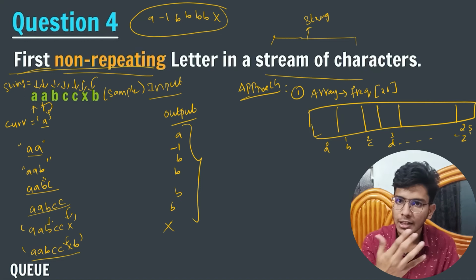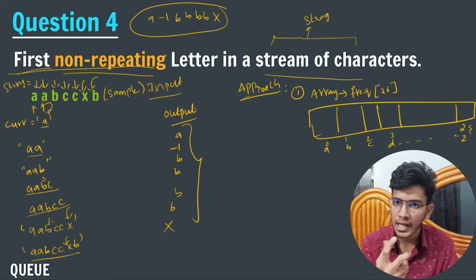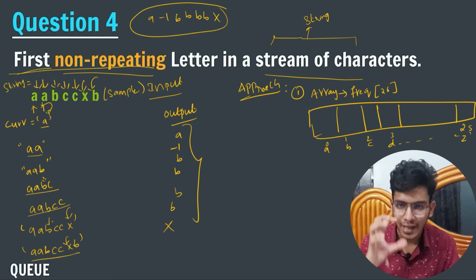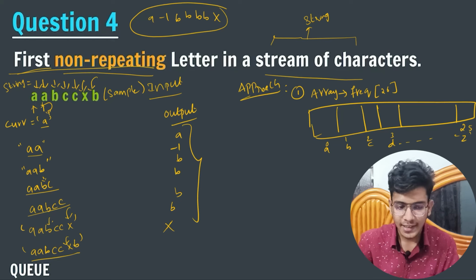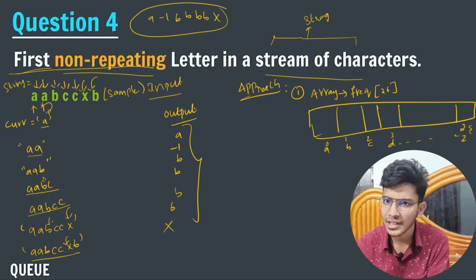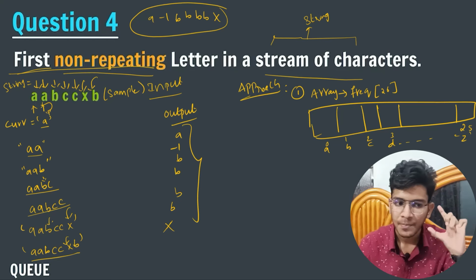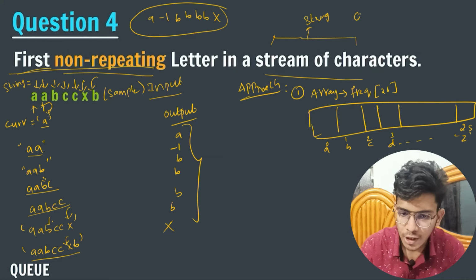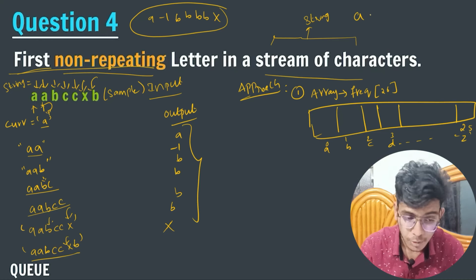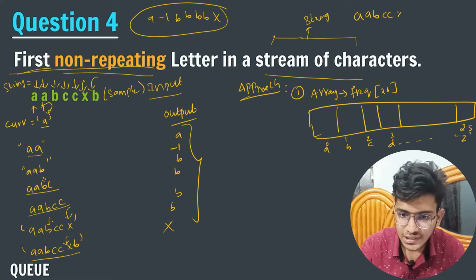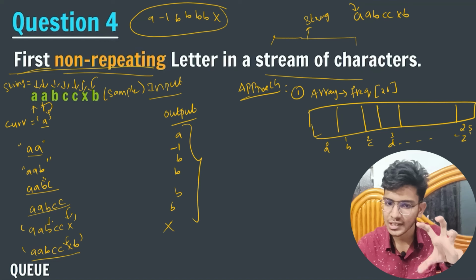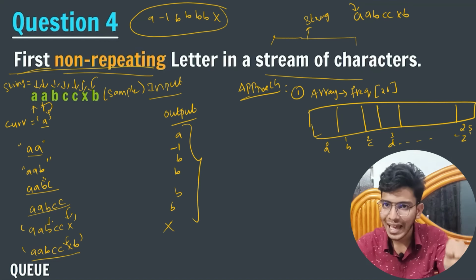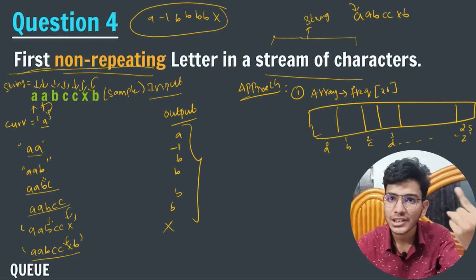As I iterate through each and every index of my string, I will increment the occurrence of that particular character. Let us say that initially all the elements are 0 in my frequency array. Now this is my given input string: A, B, C, C, X, B. Let us say that I am at the first index. For that particular character, I will increment the frequency of occurrence.